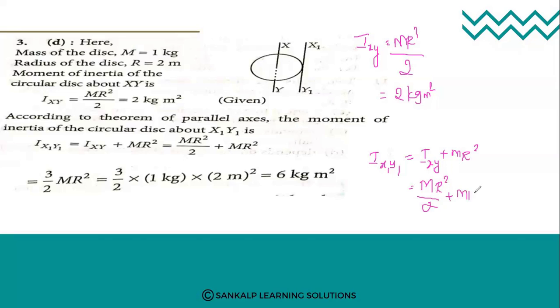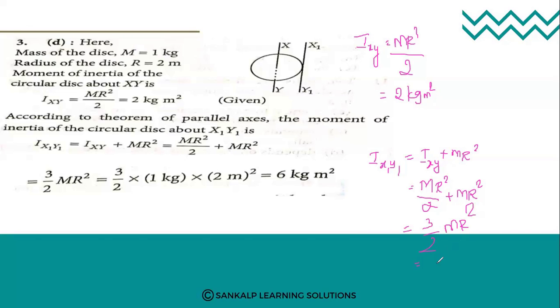If you substitute the values, the calculation will be lengthy, so instead we substitute the formula. mr square is common. Inside the bracket we have 1 by 2 plus 1, which is 3 by 2. So it is 3 by 2 mr square.